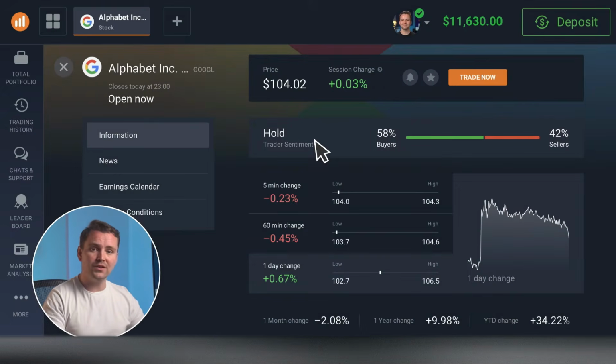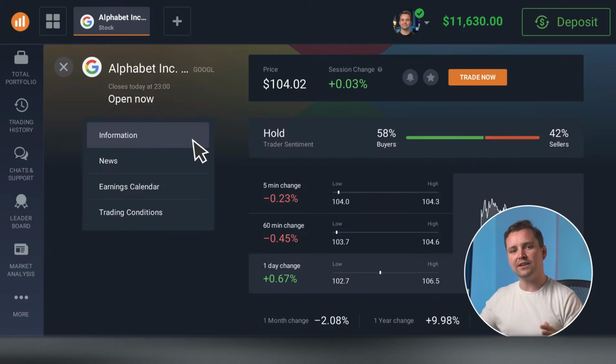In my particular example, the bullish sentiment prevails, which means the vast majority of investors are currently buying Alphabet stock. Please note that when I say investors are currently buying Alphabet stock, I mean that the majority of the IQ Option traders that have chosen to trade this asset over the past 48 hours believe that its price will go up in the future, and that's why they're buying it. Nonetheless, this is never absolute, so consider all relevant factors before deciding to trade.